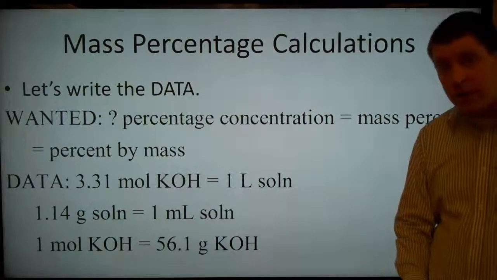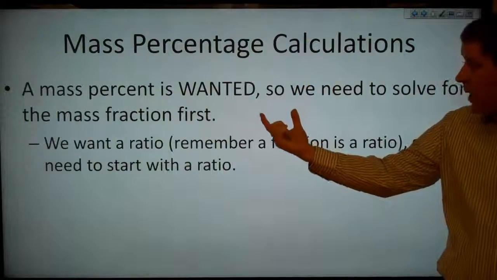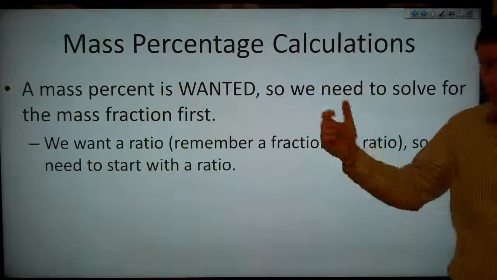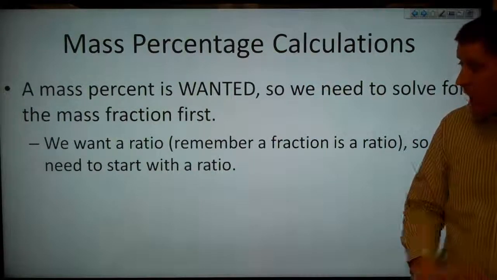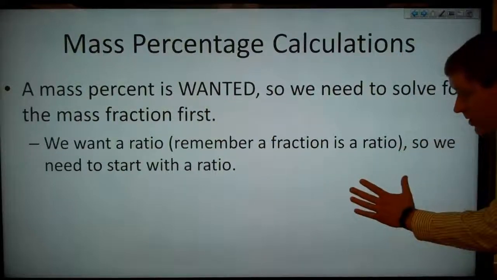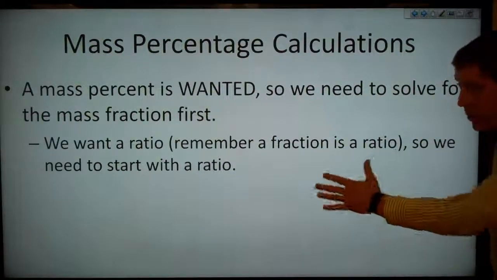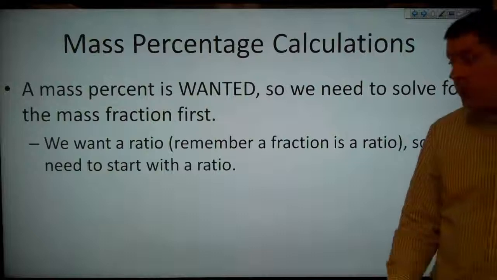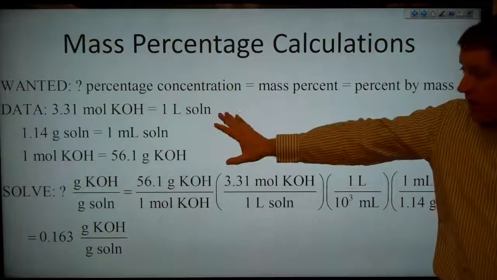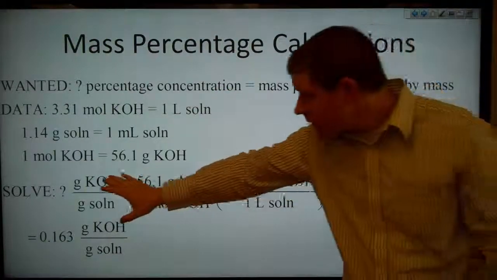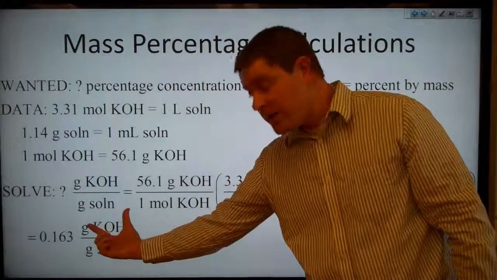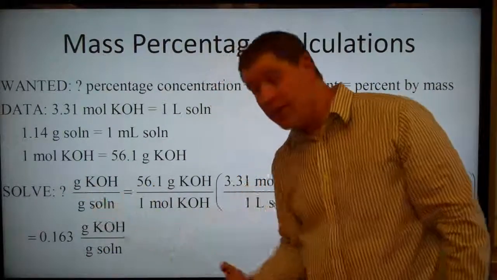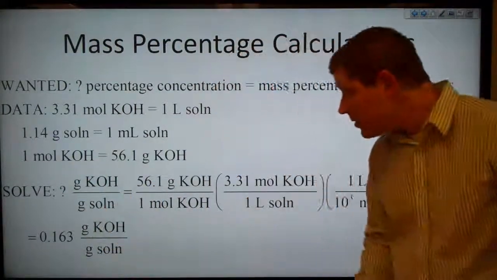Now a mass percent is wanted, so we need to solve for the mass fraction first. And we want a ratio. Remember, a fraction is simply a ratio. So we need to start with a ratio. We already have our wanted and data sections, and now in our solve section, we want that mass fraction. So we want grams of potassium hydroxide divided by grams of solution.